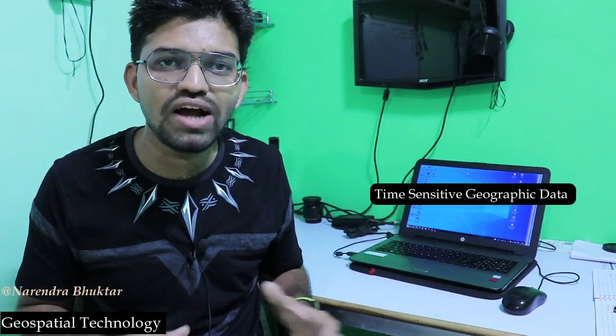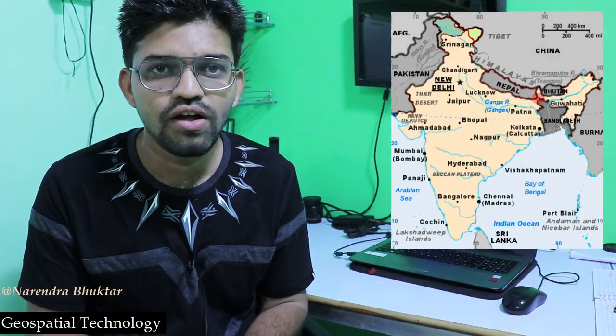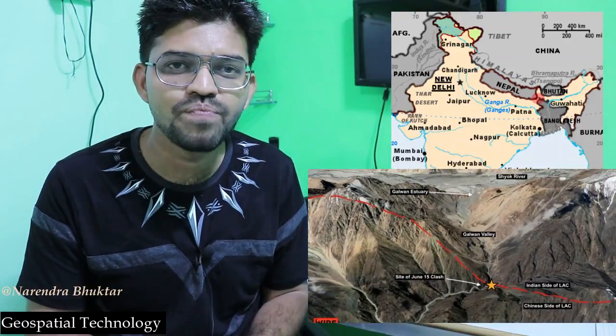So geospatial technology is a bunch of technologies that will give you more refined results, and based upon those results we can carry out the further course of action. Let's take one example, such as the international borders of our country, like what happened last year, the Galwan attack.